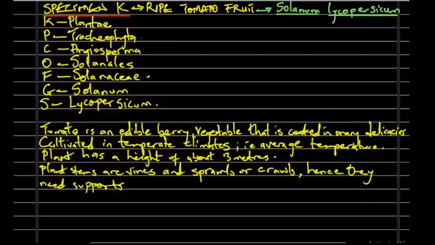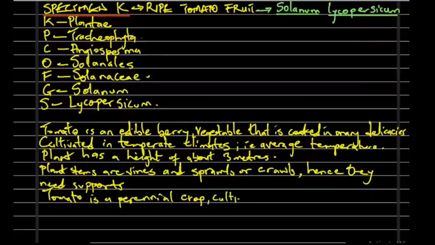Now, they are also perennial crops, but they are cultivated to be annuals. Tomato is a perennial crop cultivated as annual.